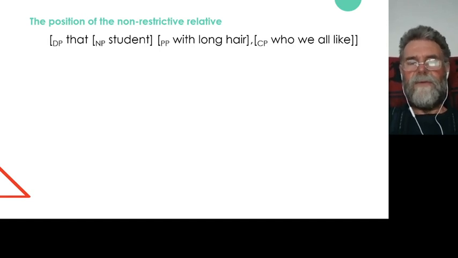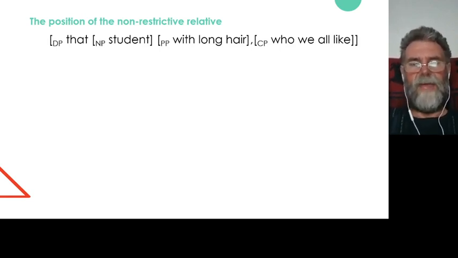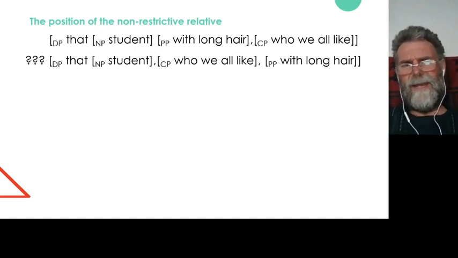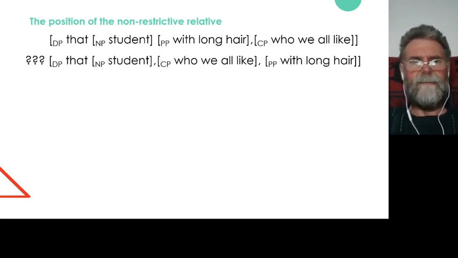Now, if the relative clause were adjoined at the same position, that is, to the NP, then we would expect that the prepositional phrase modifier and the relative clause modifier would be interchangeable. They'd both be able to appear in any order. However, the facts are that it's not very comfortable at all to put the relative clause in front of the preposition phrase. So we can't really have that student who we all like with long hair.